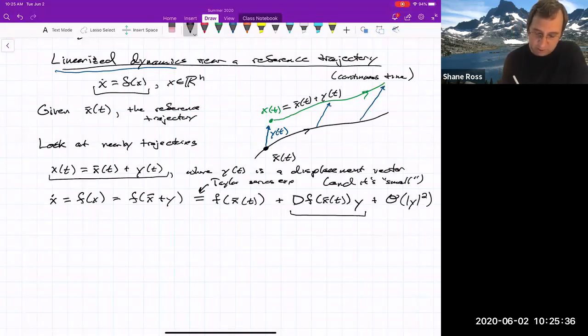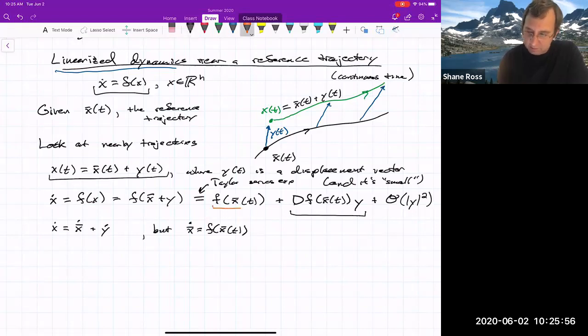So what else do we know? x dot is x bar dot plus y dot. But the reference trajectory already obeys this equation, so that means this term and this term are equal.